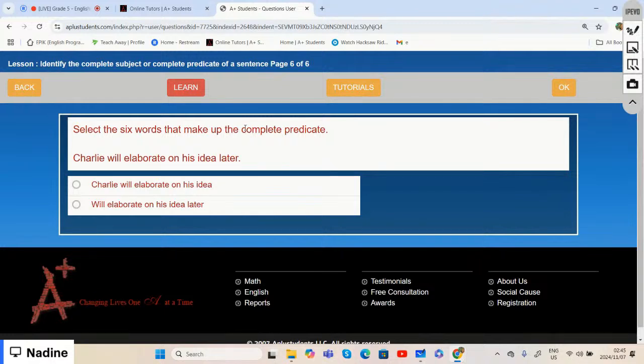And remember, the predicate is the action plus all the other words that show the action that is being done. Is it option one, Charlie will elaborate on his idea, or option two, will elaborate on his idea later?